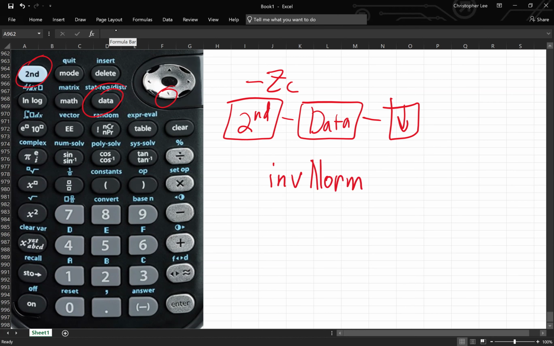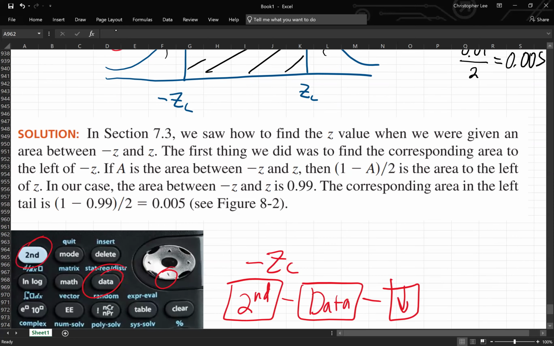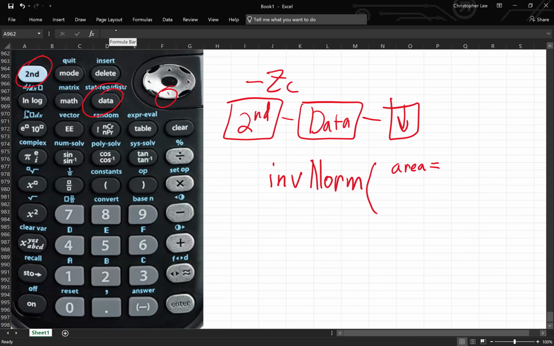So over here, for our area, the area is what we found up here in the graph. Because remember, I want to get that negative Z critical right here. That's the 0.005, write that down.